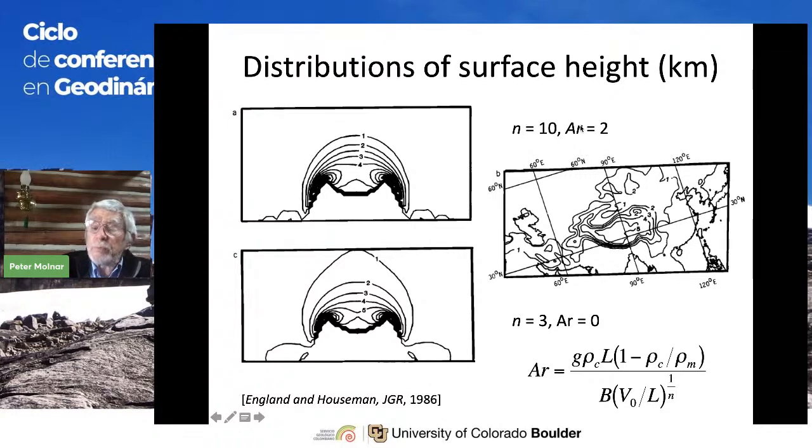The Argand number would spread it out. But if you make n smaller, but let the Argand number be smaller, again, you have localized deformation. So in this case, the deformation is localized because gravity provides no resistance. In this case, gravity is providing resistance, but n is so large, it's localized.